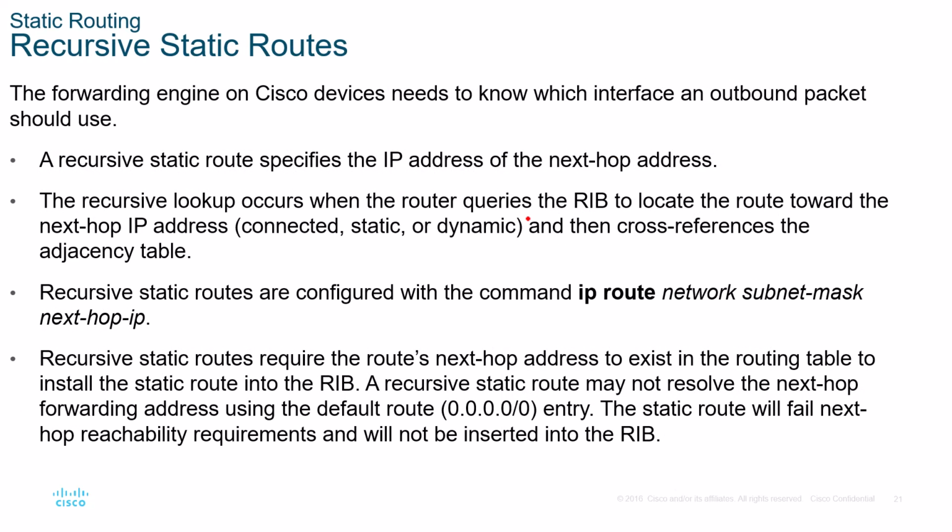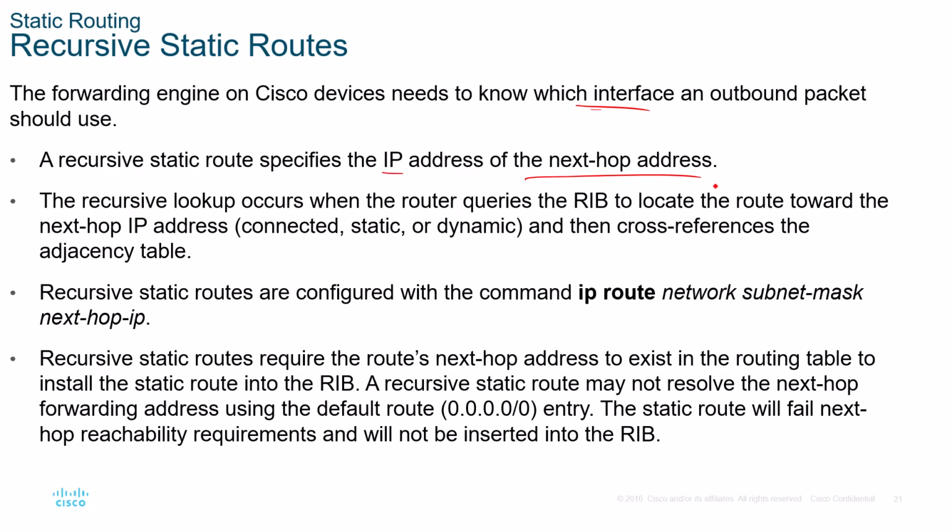Recursive static routes, this is where the forwarding engine on a Cisco device needs to know the interface an outbound packet should use. Egress. What interface should egress occur? A recursive static route will specify the IP address of the next hop, not specifically the interface, but the IP address.